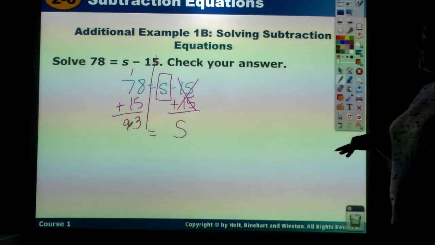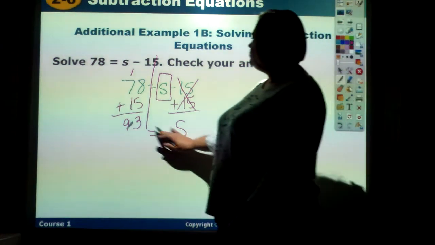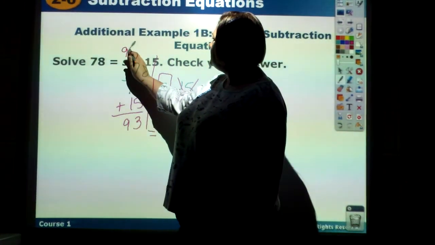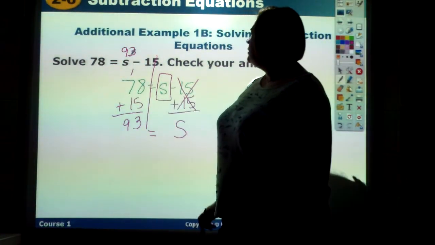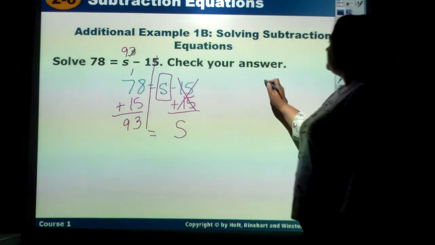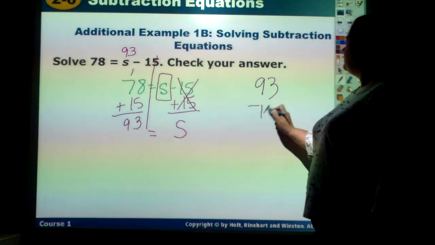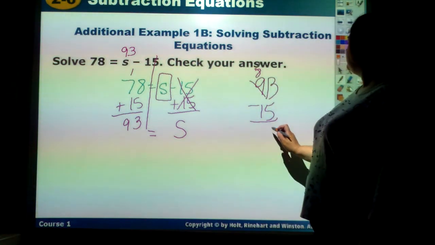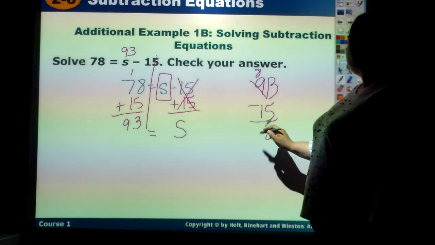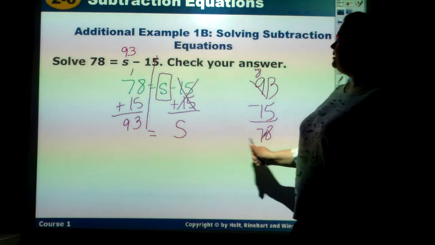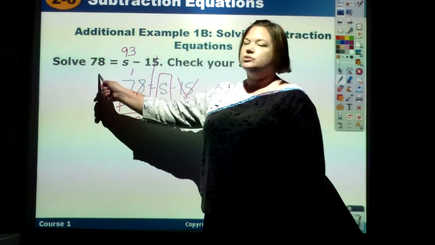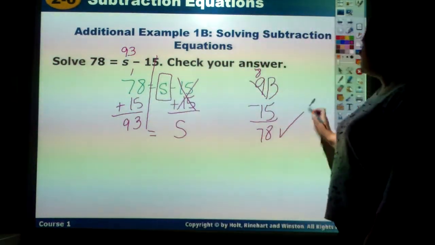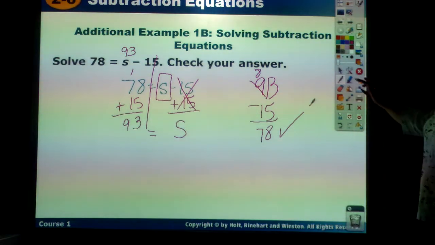To check my answer, I can put this 93 in the place of this S in the original problem. So 93 minus 15 is 78, which is what I had gotten over here, so I know that my answer does check out.